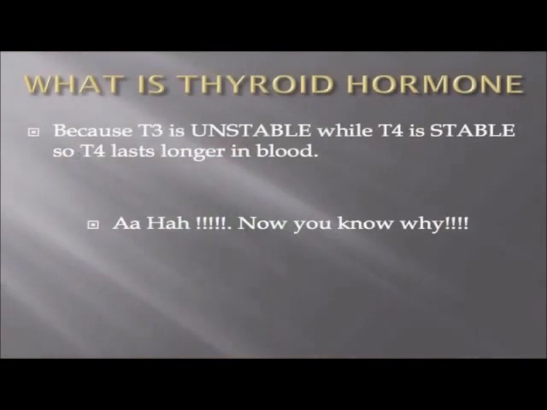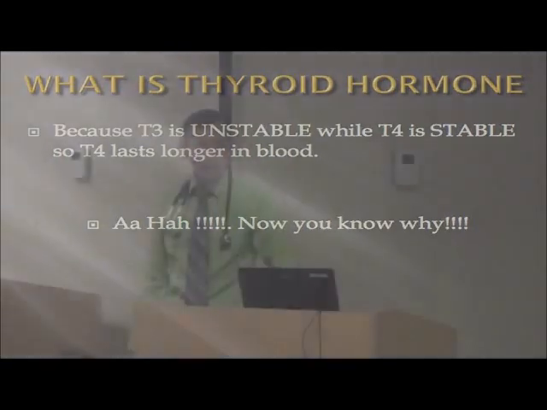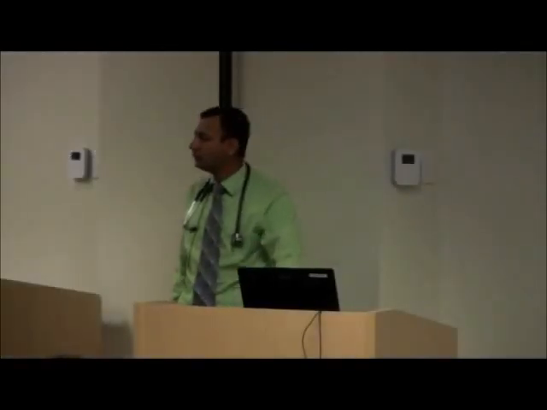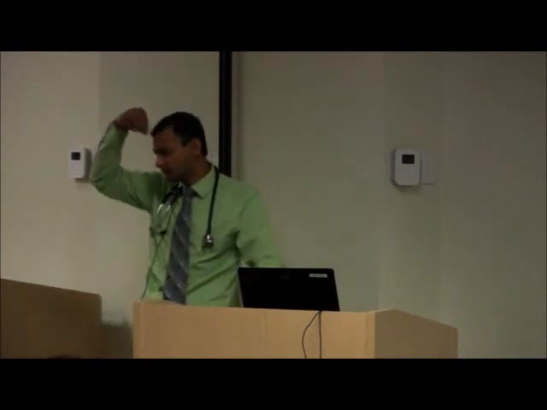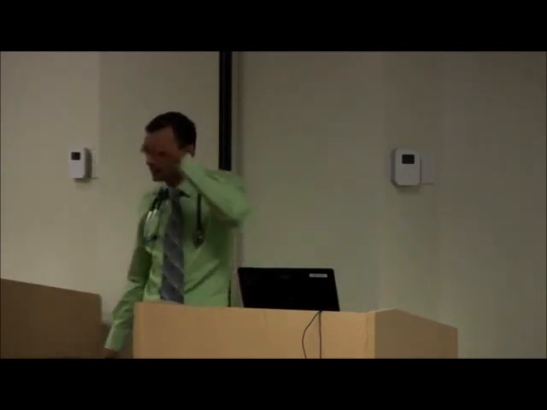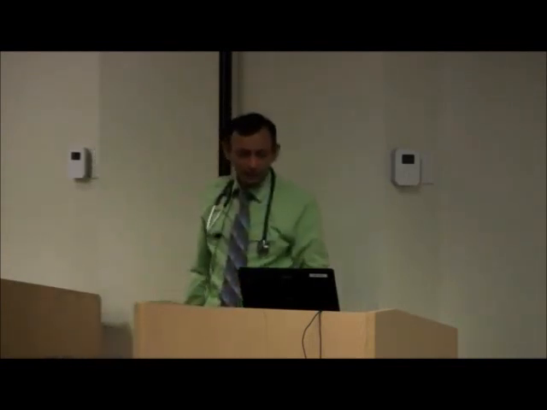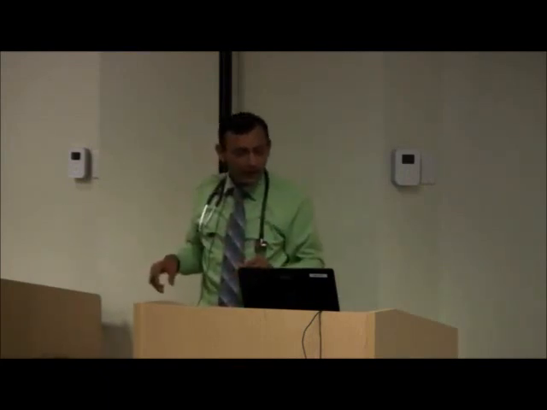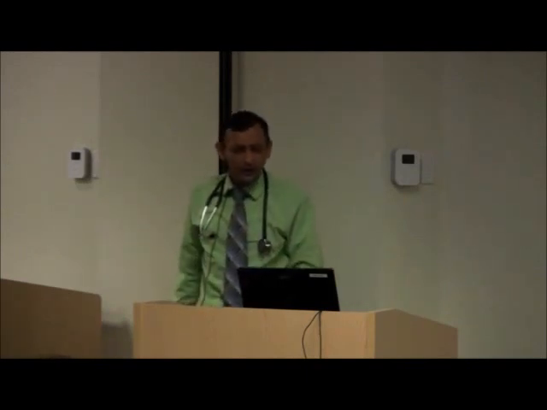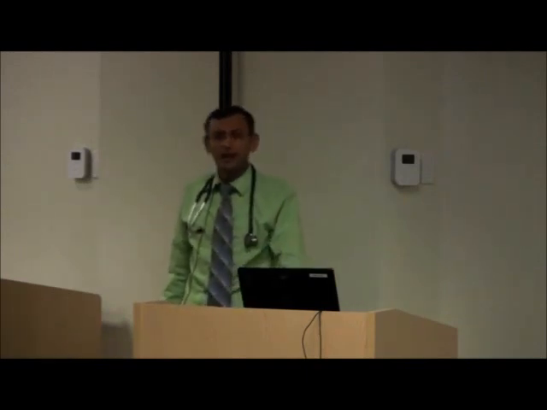So how is thyroid hormone regulated? It is regulated by the pituitary gland, a peanut-sized gland that sits at the base of your brain. It monitors the thyroid hormone levels in your blood, like a sensor, and it produces TSH, thyroid stimulating hormone. So what does it do?